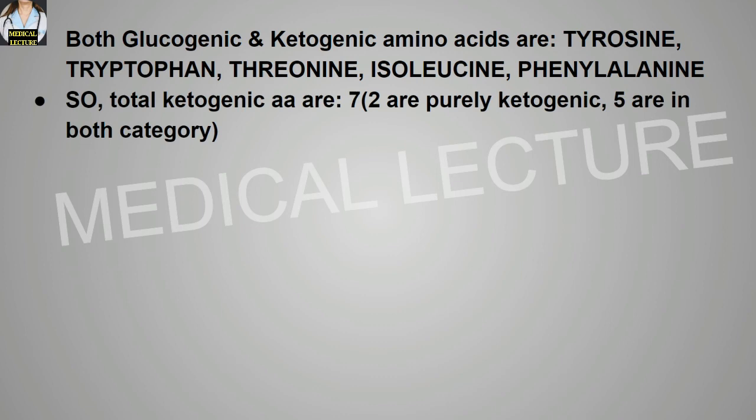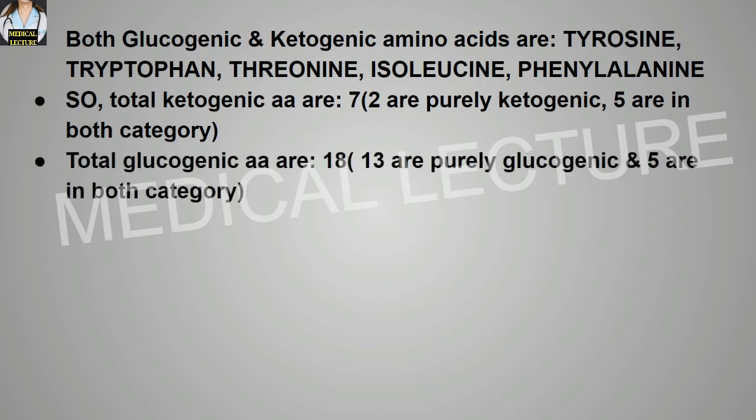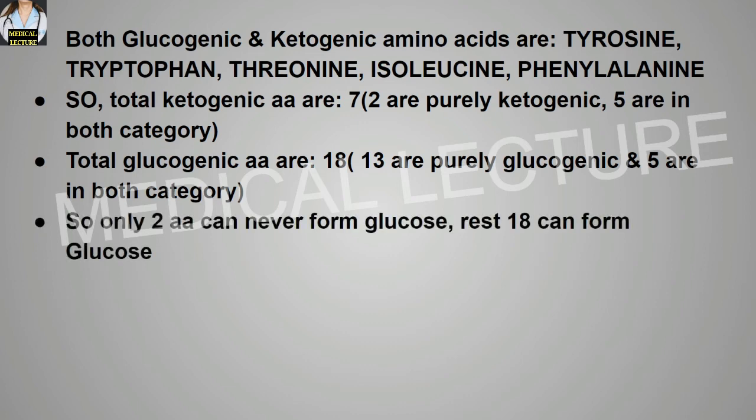So total ketogenic amino acids are 7: 2 are purely ketogenic, that means leucine and lysine, and 5 are in both categories. Total glucogenic amino acids are 18: 13 are purely glucogenic and 5 are in both categories. So only 2 amino acids can never form glucose, the rest 18 can form glucose.